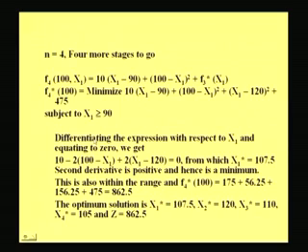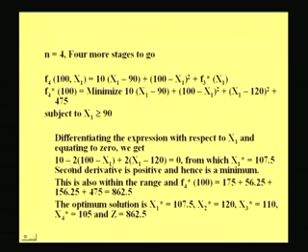Now once again differentiating with respect to x1 and equating it to 0, this would give us a 10, this would give us 2 times 100 minus x1 into minus 1, and this would give us 2 times x1 minus 120, constant does not yield anything.